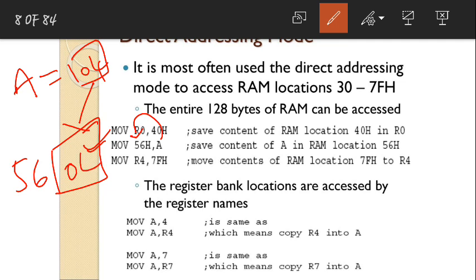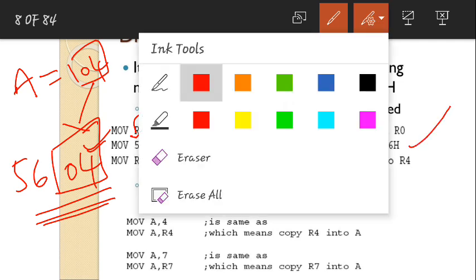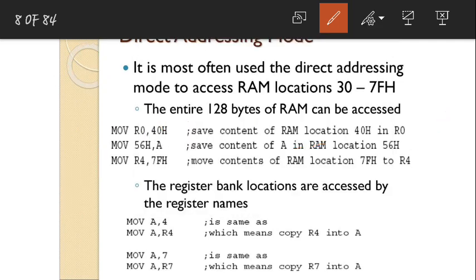Now in 56 you will have 04. After execution of this line, you get this as a result. So you are saving the content of A in RAM location 56. Is that fine? The next example is 7FH. In your internal RAM, the last memory location is 7FH. From there I am moving into R4. So move the contents from RAM location 7FH to R4.